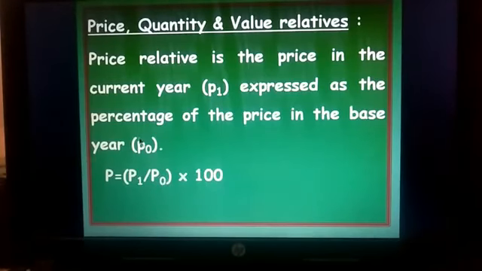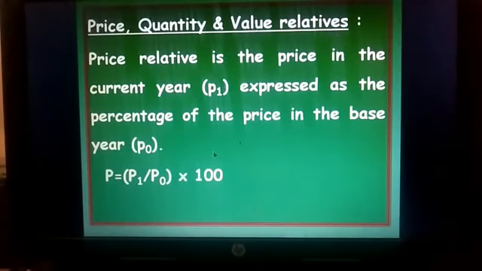Similarly, for quantity and value relatives, instead of P in terms of quantity relative, it will become Q. Instead of P1 and P0, you will be replacing them with Q1 and Q0, multiplied by 100.